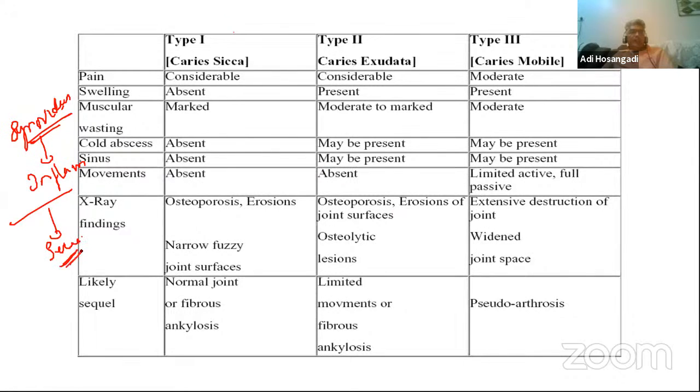This is exudative type. But if it happens in the bone, it leads to intense fibrosis. Hence, it leads to proliferative type of tuberculosis.